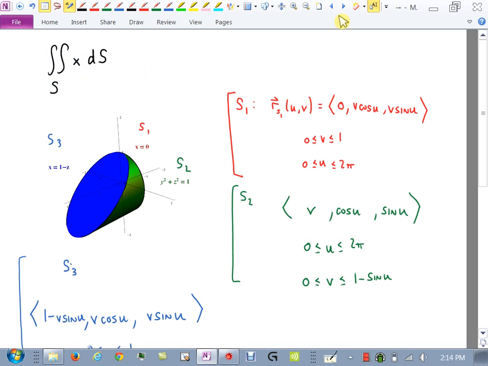Okay. The double integral on S1 of x dS is equal to the double integral over D of the function, right? What's our function here? X, evaluated on our curve. So what is the x on our curve? 0. Why am I happy about that?